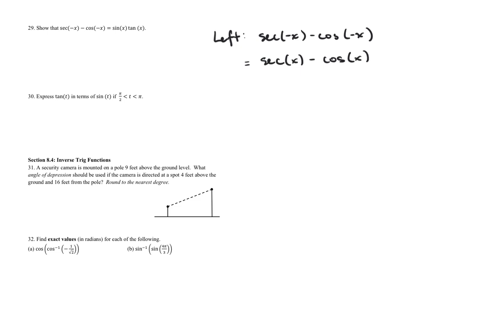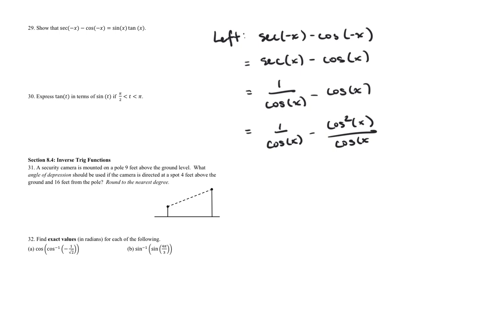Okay, so the next thing I want to do is simplify our secant of x function in terms of cosine. We know that secant of x is the same thing as 1 over cosine of x, minus cosine of x. And I want to combine these terms. So I can write this as 1 over cosine of x minus cosine squared of x divided by cosine of x.